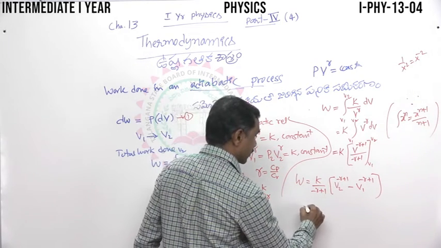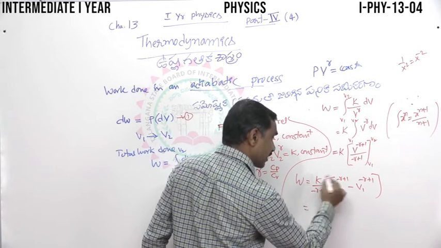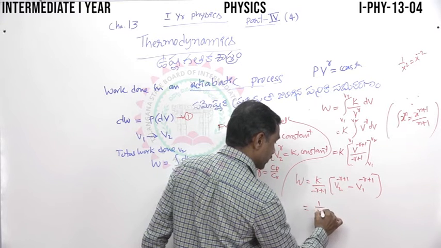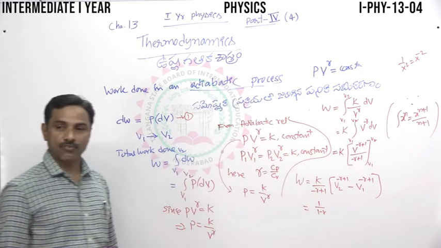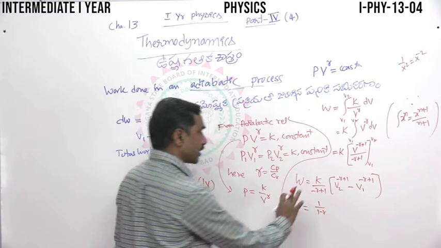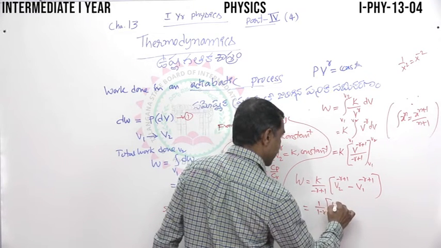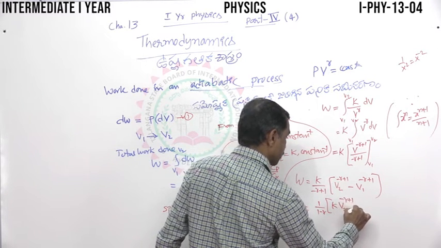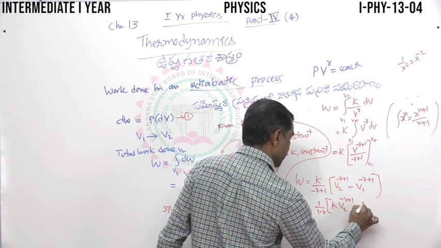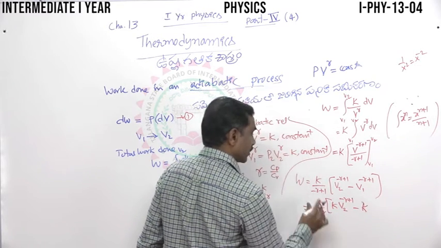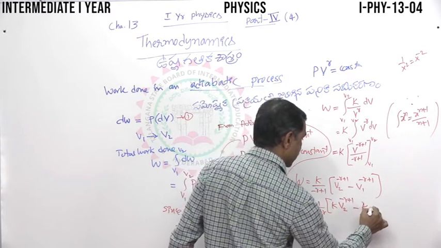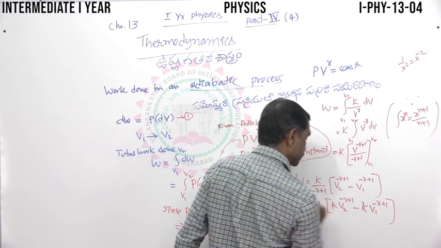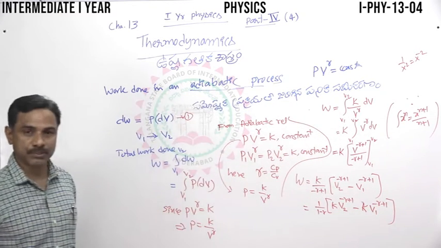Now I'll write K inside the bracket, with 1 divided by 1 minus gamma: K V2 power of minus gamma plus 1 minus K V1 power of minus gamma plus 1, expanding the bracket. Student, just simple substitution, nothing else.